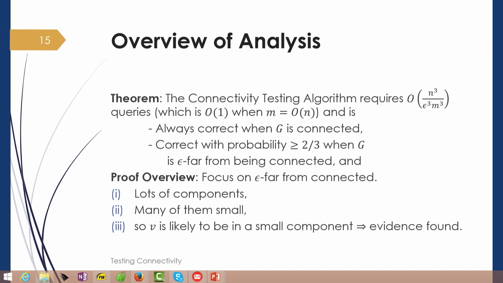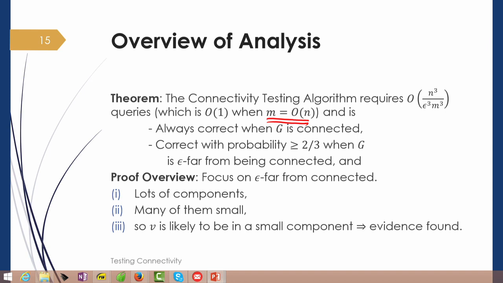A quick note: when m is O of n, the number of queries is actually only O of 1, assuming epsilon is a fixed constant. With that many queries, we need to show that our algorithm is always correct when G is connected, and it is correct with probability at least 2/3 when the graph G is epsilon far from being connected.